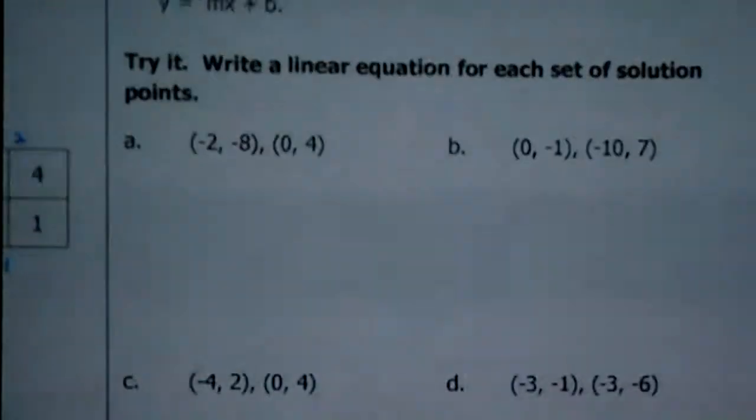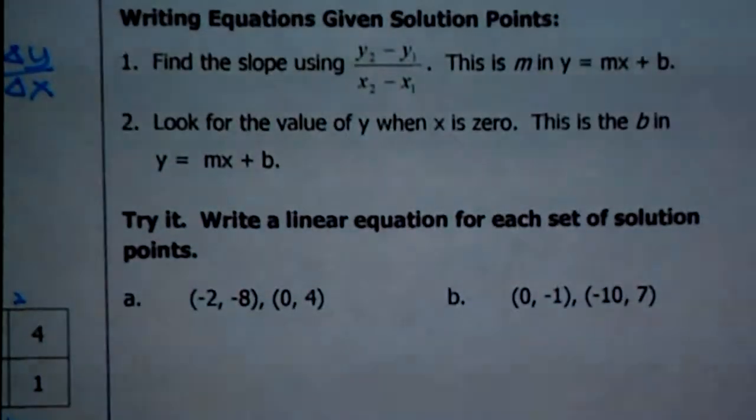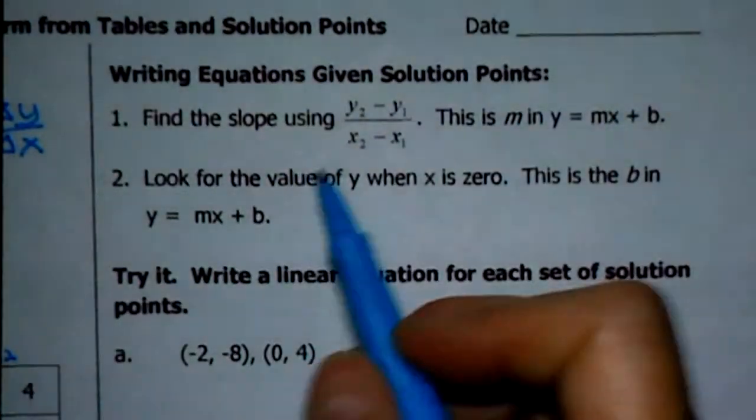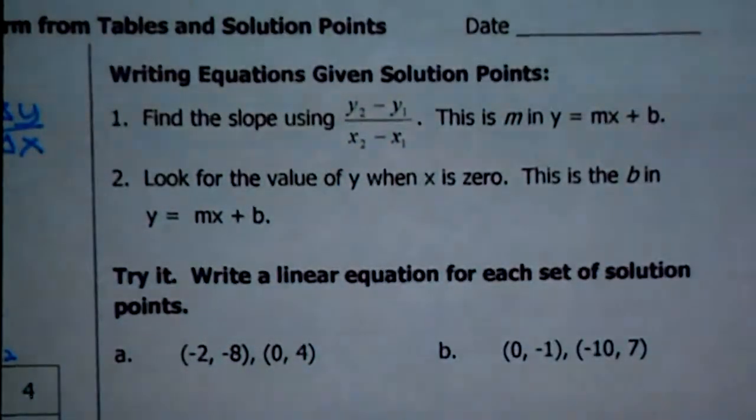Alright, continuing along, now I want us to be able to write an equation if you're given solution points. So remember those ordered pairs that make each equation true, all of the ordered pairs, because there are tons and tons of them, an infinite number of them, that make equations true. All we're going to do is do what we did before and find the slope using y2 minus y1 over x2 minus x1. And in today's lesson, you're going to be given the y-intercept with the ordered pairs.